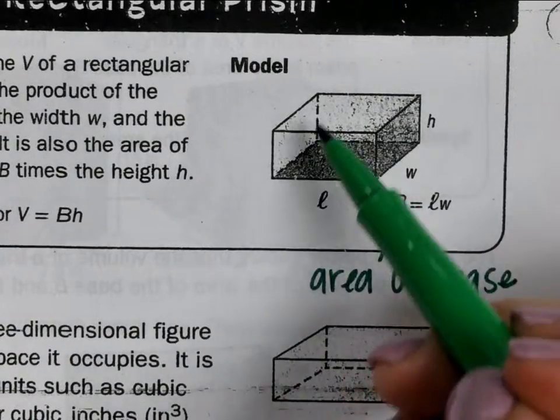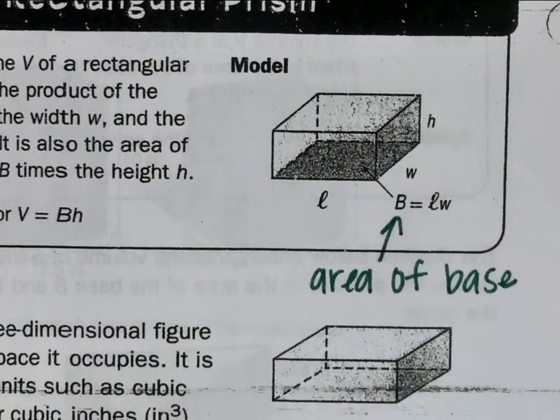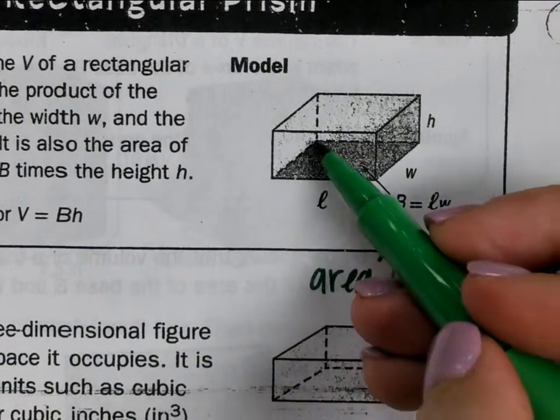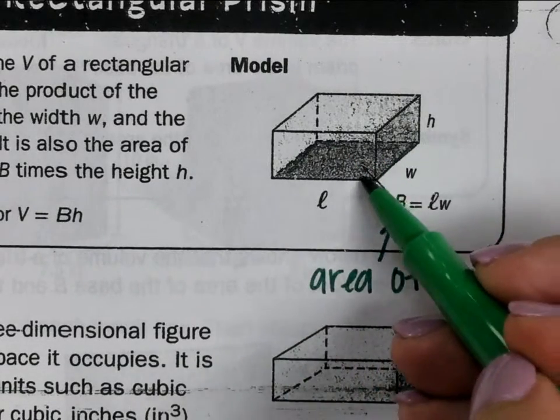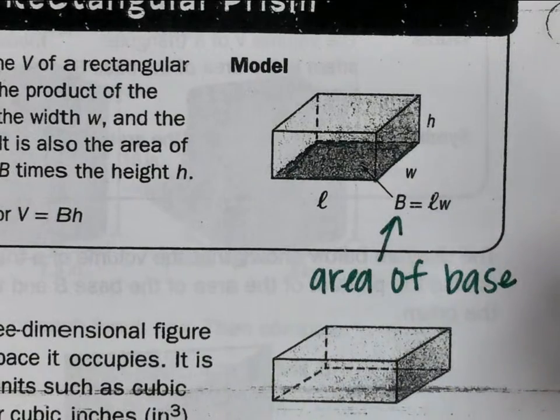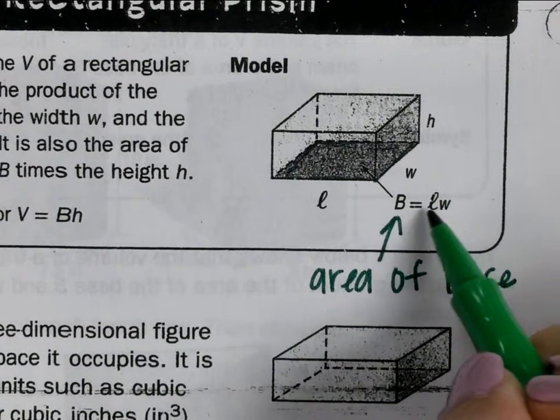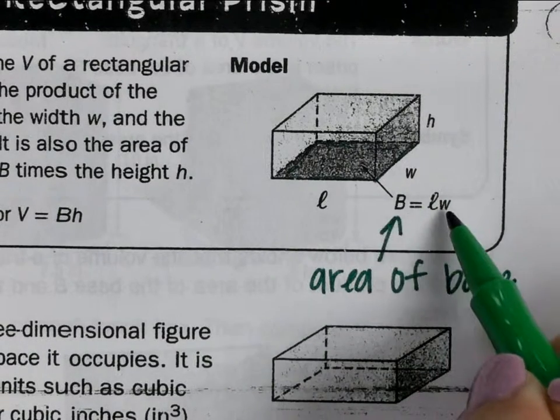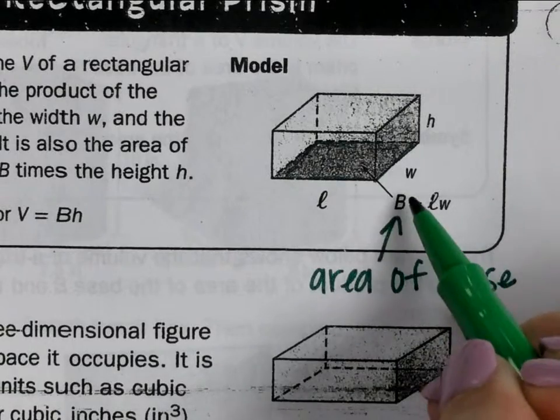So in this figure, this rectangular prism, what shape is my base? A rectangle, right? And how do I find the area of a rectangle? Length times width. So my capital B is equal to length times width because that's the area of the base.